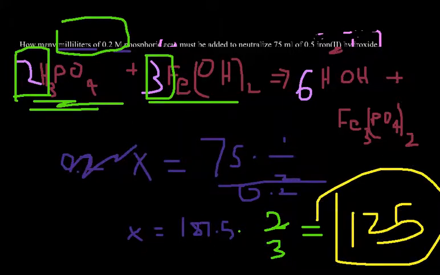This is the correct answer. Wait, don't forget your mL. This was in mL, so this is in mL. Don't forget your units. Now we are done. And don't forget sig figs. If you're asked for sig figs, don't forget them.